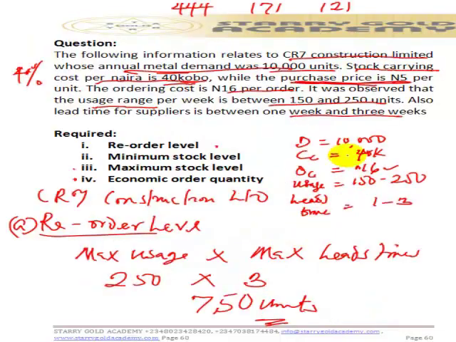So we need to be careful with that. It's not 40 kobo, it's 0.4 of 5 naira, because it's per naira. So for every 1 naira of the purchase price, the carrying cost will be 40 kobo. So when the purchase price is 5 naira, the carrying cost is going to be 2 naira.